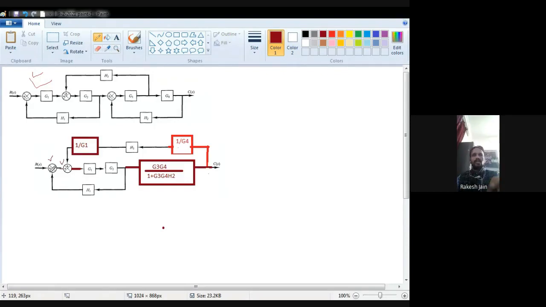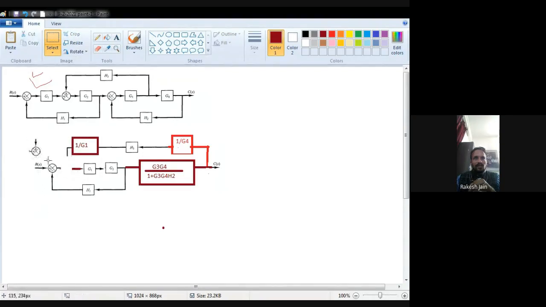Okay. So we can easily move, but the rule is whenever you move a summing junction before a block, then the gain of that block comes in reciprocal. What was the gain? I just show in the main question. You just move this before the block G1. So the gain of the block G1 will come in reciprocal manner.